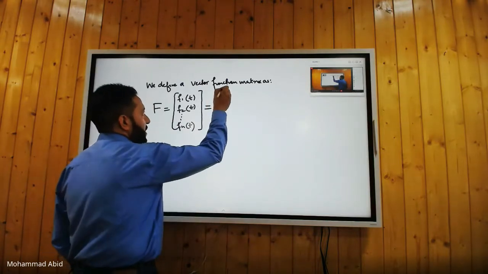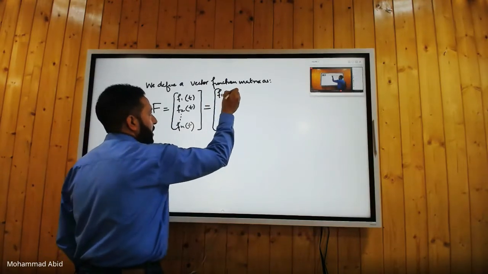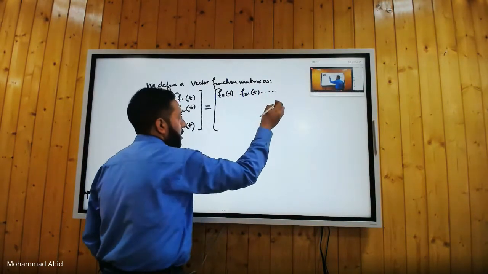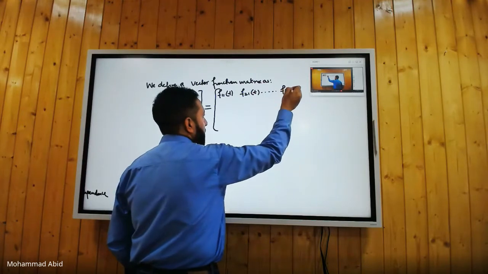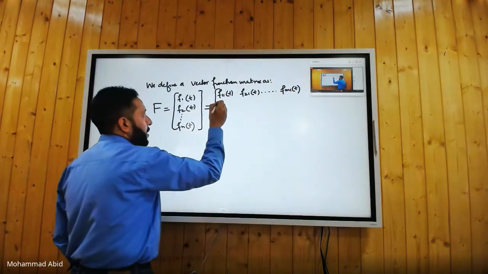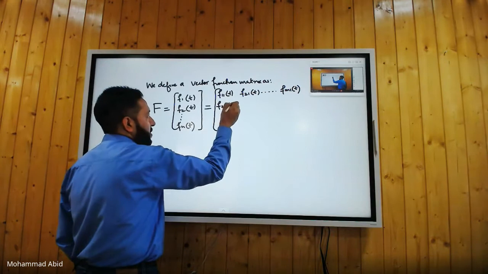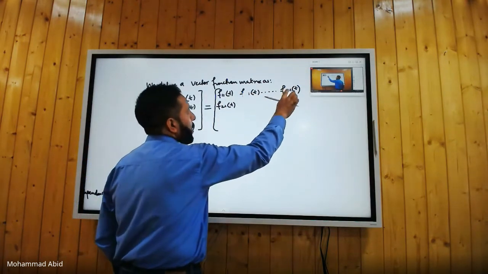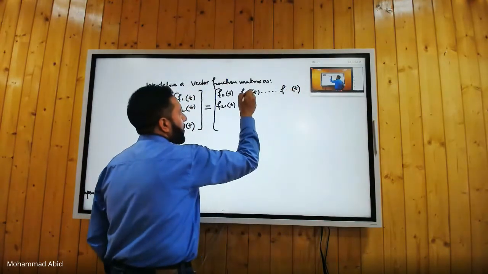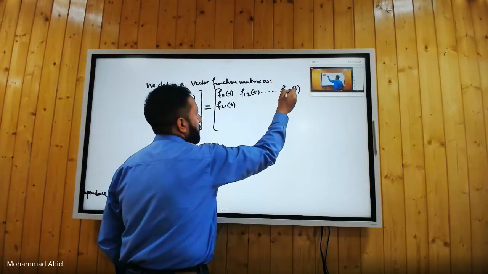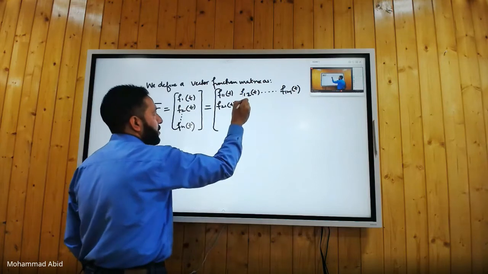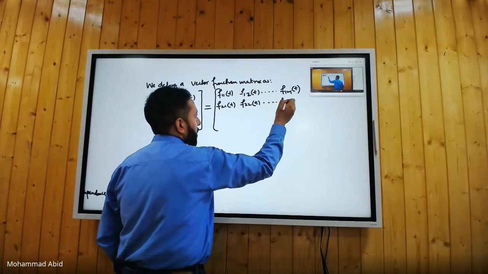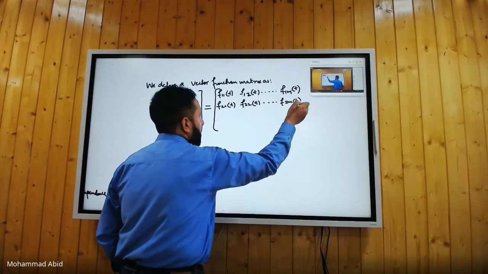It's like this: f11(t), f12(t), so on, up to f1m(t). Then the second is f21(t), f22(t), so on, up to f2m(t).